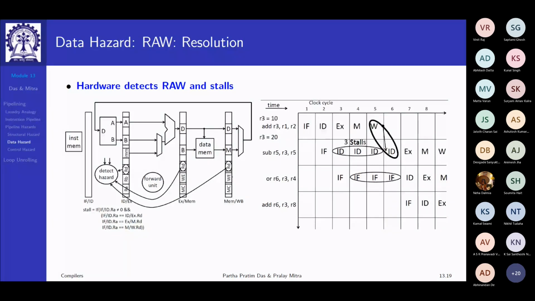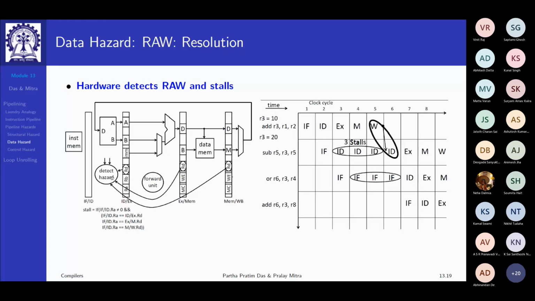And once you have done that, then you do that for the next instruction as well. For the same reason, it uses R3 as well. So this will stall after the instruction fetch as well. So you will have stalls like this. And if you look at the left architecture diagram, the diagram that I showed, this is just simplified.